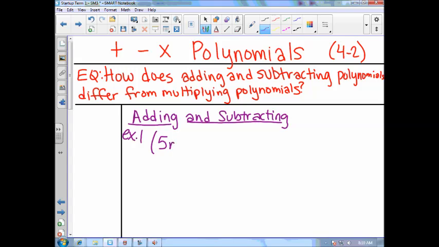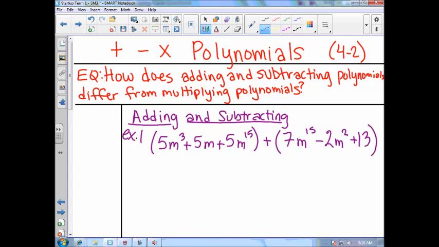How about m cubed? It has to be the same variable. Okay. Lots of 5s in there. That's our trinomial. Plus, let's see. How about 7m to the 15th minus 2m squared plus 13.